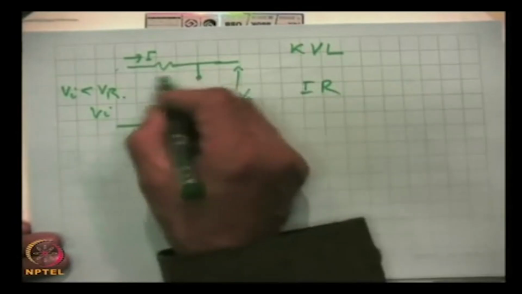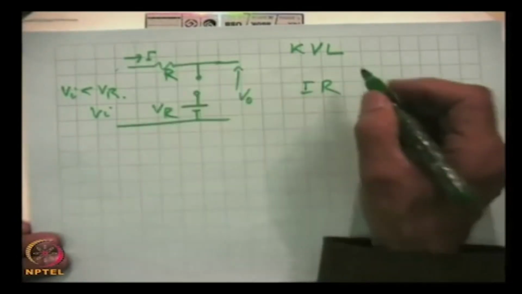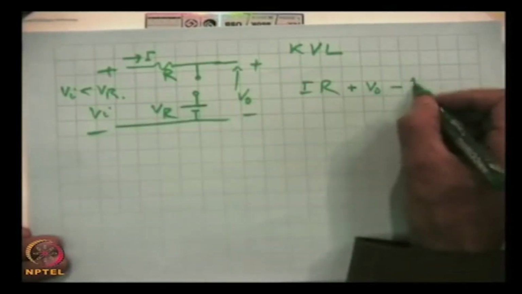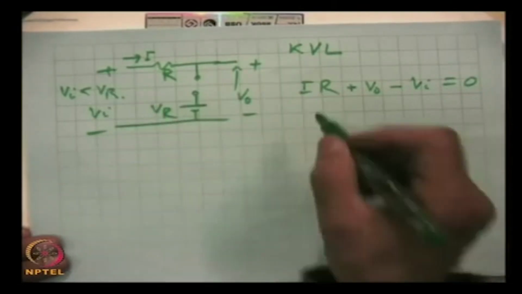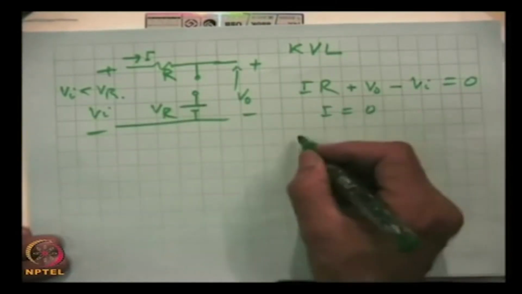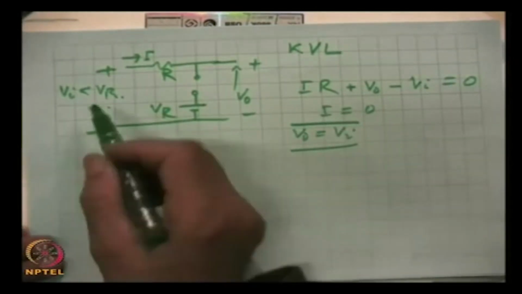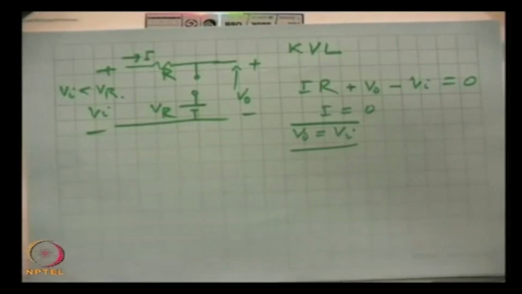This is the voltage drop across this resistance, and then V0, this is plus minus, and this is plus minus, then applying for this loop minus Vi equal to 0, and since no current is flowing, I is 0 and hence V0 is Vi. That means, what will be the wave shape? Wave shape will be this.